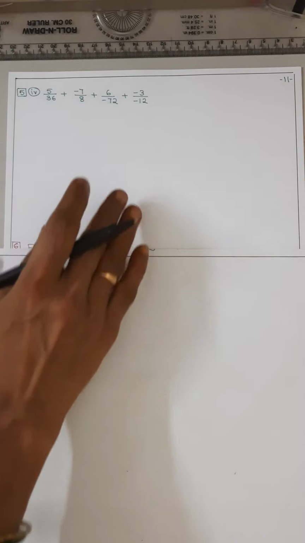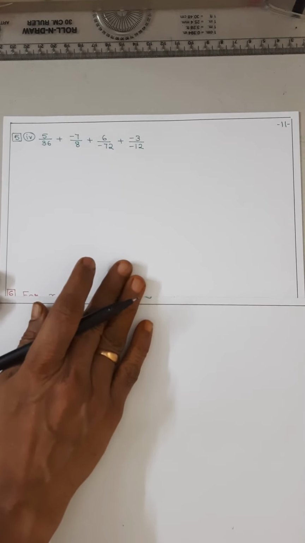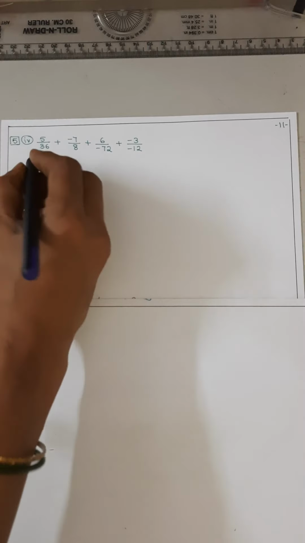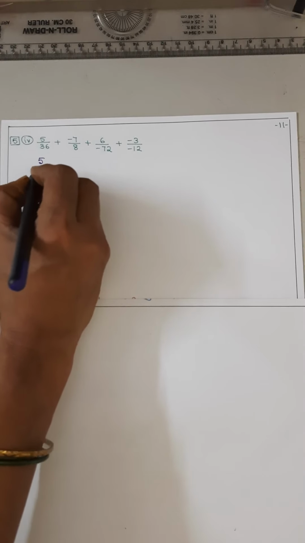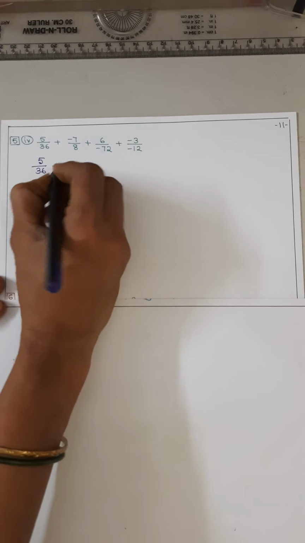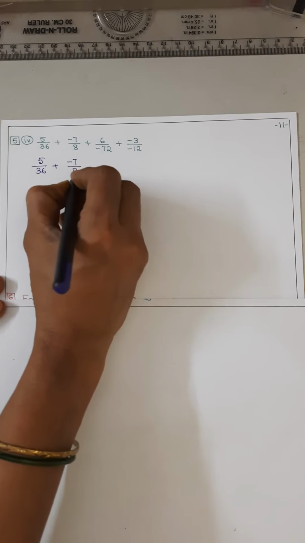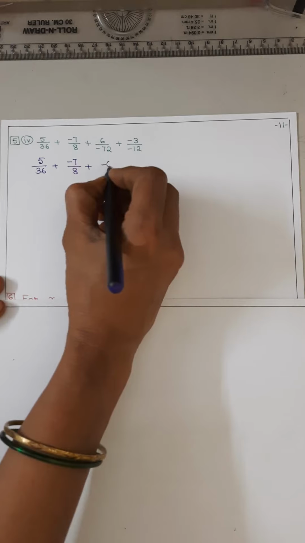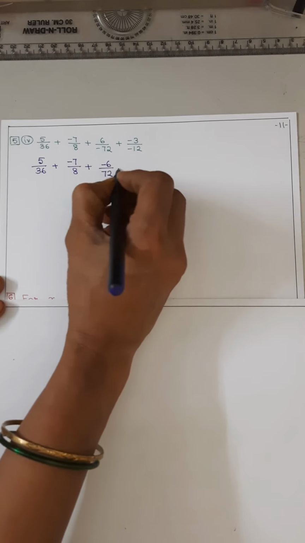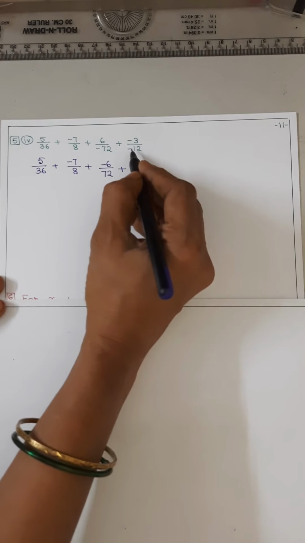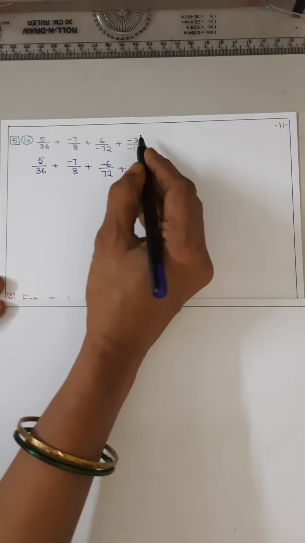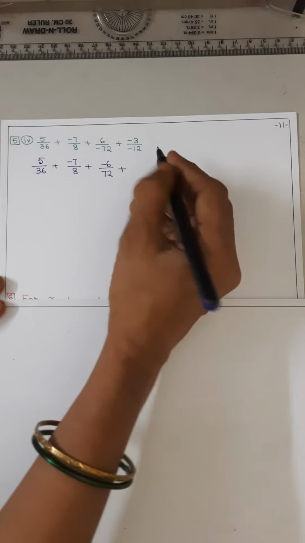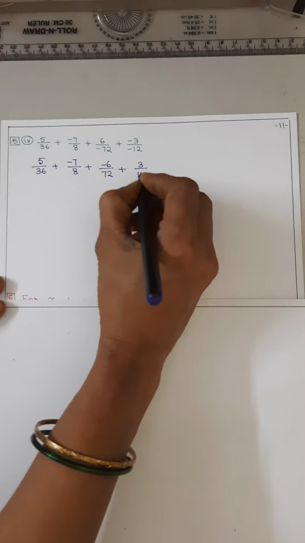First make the negative denominators positive. So first 5 by 36 plus minus 7 by 8 plus this one will now become minus 6 by 72. Now this one, both numerator and denominator are negative, so this one will be 3/12.